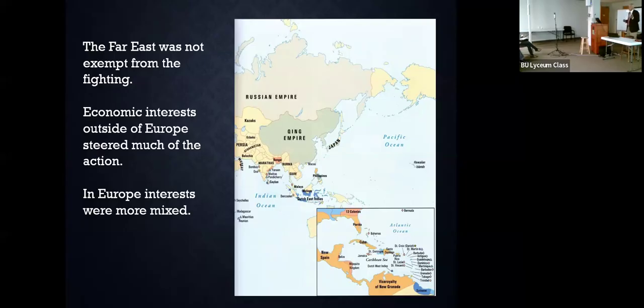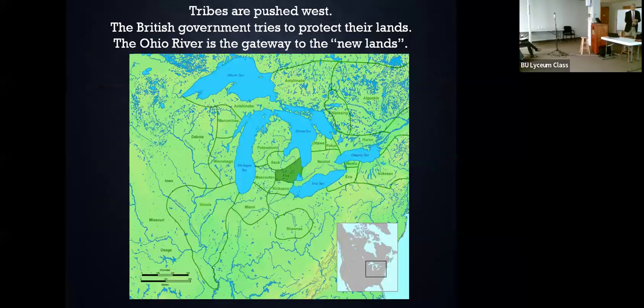The 7 Years' War in Europe, again, just as has been the case with European conflicts for centuries, is again enormously complex. But their interest there went more political than simply territorial, although territory was certainly a key issue. But the political issues had a great deal to drive them.